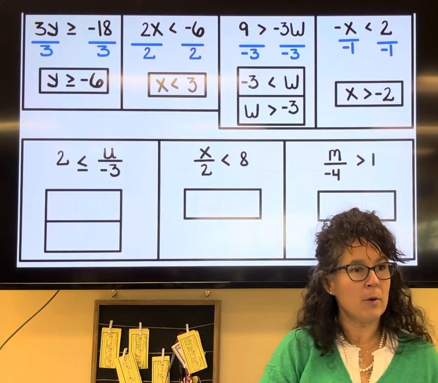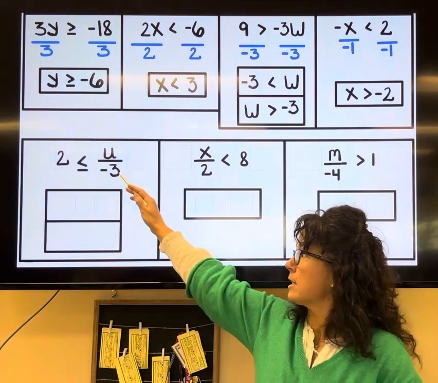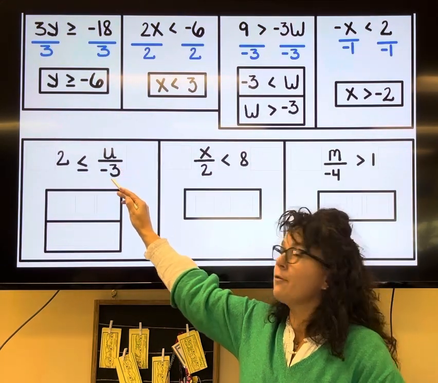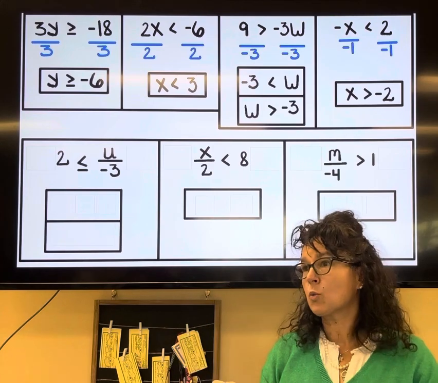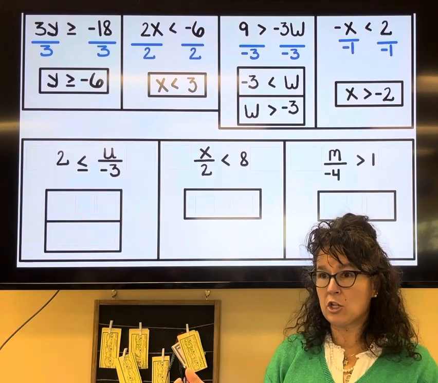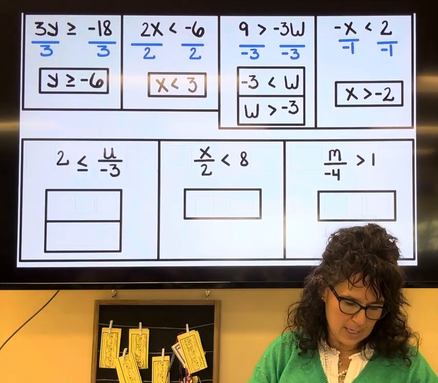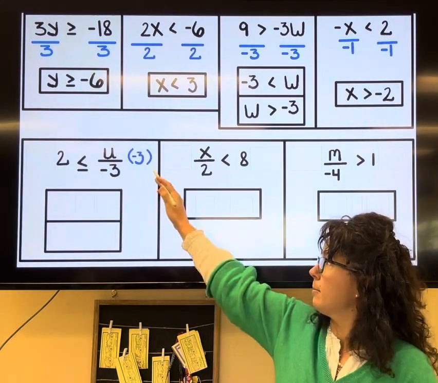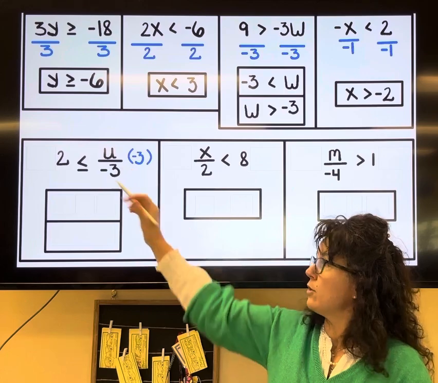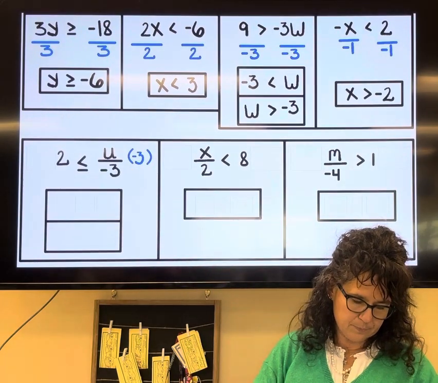Okay, here are just a few more. This time the number that's on the same side of the u is underneath it, so they're dividing, and what gets rid of division is multiplication. So if I want to get rid of divide by negative 3, I'm going to multiply by negative 3. What I do to one side, I do to the other.